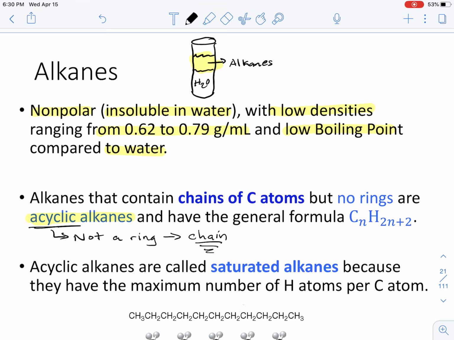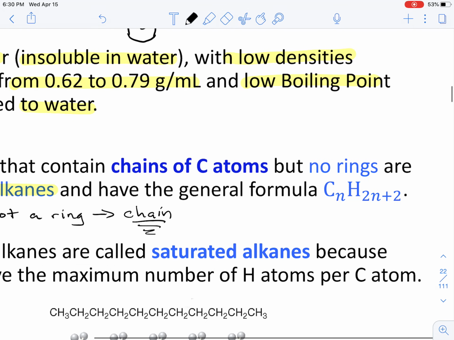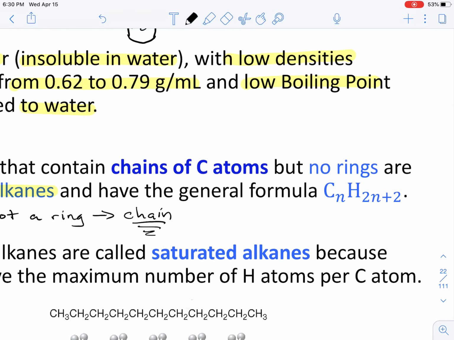So if your alkane is a chain, then the general formula to describe an alkane is going to be this: CnH2n plus 2, where n represents the number of carbons.